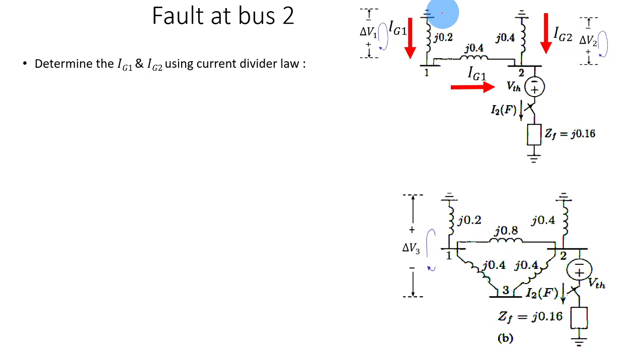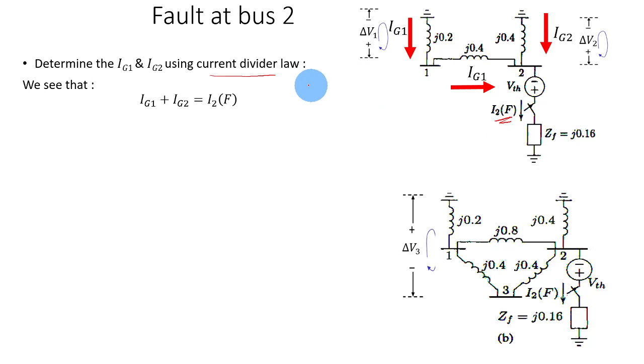You can see that IG1 in this circuit flows through this branch to the fault, and IG2 also flows to the fault. You can calculate IG1 and IG2 using the current divider law, because we know the fault current here.